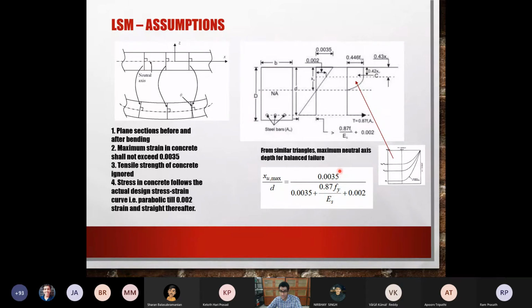You know what 0.0035 is, what 0.002 is, what 0.87 Fy is, what ES is. Okay, in WSM you had a different formula, 280 divided by 280 plus 3 sigma st. Here also it depends on the steel grade because Fy comes in. So the balanced neutral axis, whether WSM or LSM, will depend on the steel grade.